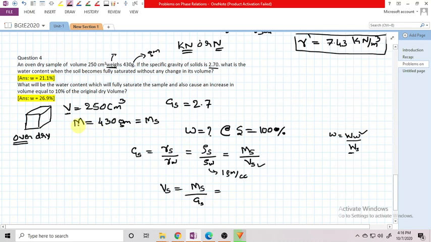Mass of solids, how much they given? 430 gram, divided by specific gravity 2.7. So 430 by 2.7 will be around 159.26 centimeter cube.